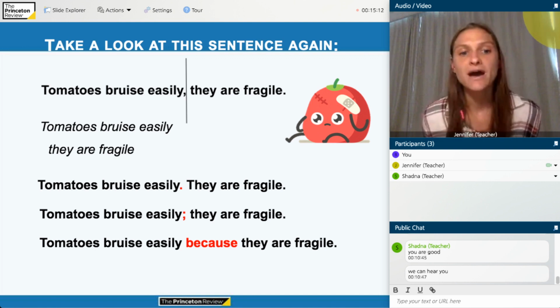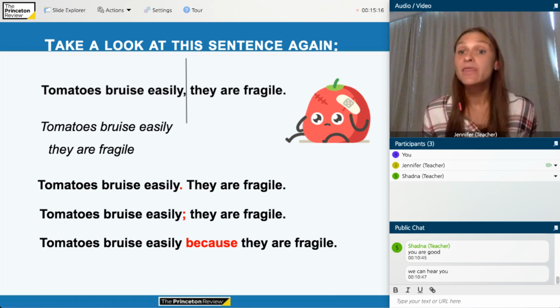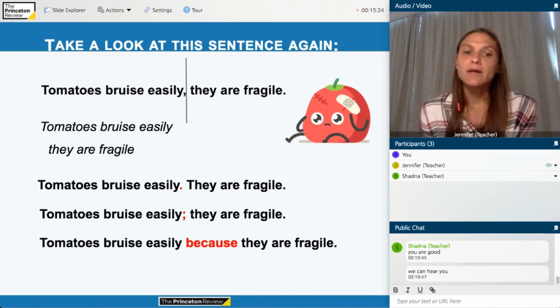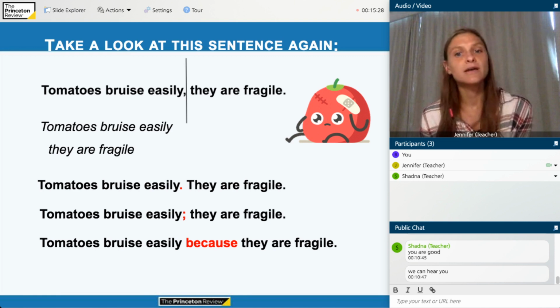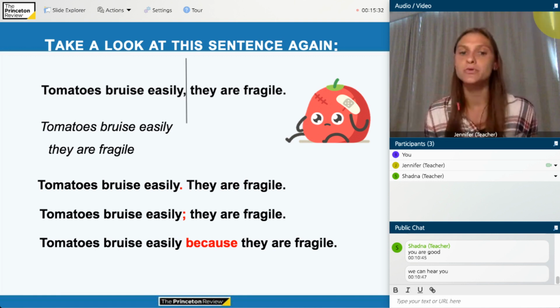So now we have, tomatoes bruise easily because they are fragile. That works. And if you notice, we took the comma away because you don't need to put a comma before because if it's in the middle of the sentence. Now you could also say, because they are fragile, comma, tomatoes bruise easily. You see, we flipped it there and the comma would come if the because clause were at the beginning of the sentence.